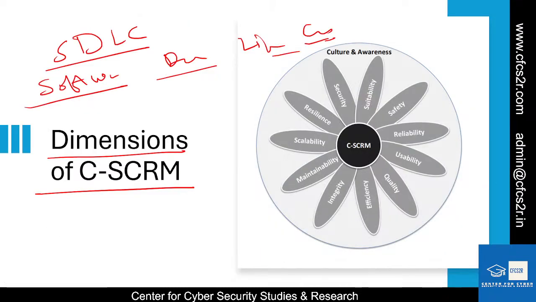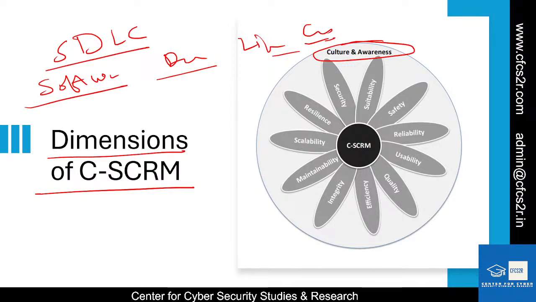So we will see one by one what the important areas, these dimensions, are. Firstly, we will talk about cultural and awareness. So what is cultural and awareness? Cultural and awareness is a set of shared values, practices, and goals that show how ready your organization is for the implementation of cybersecurity supply chain risk management.